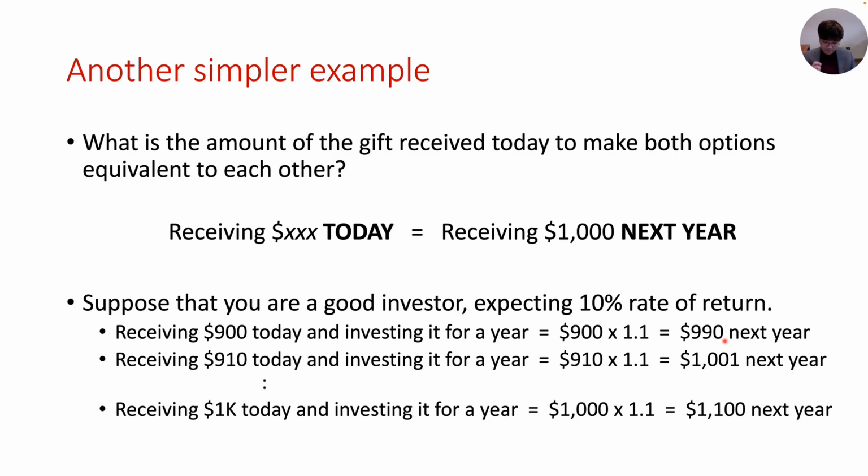But if you receive $910 today and invest it for a year, you will have, in the same manner, $1,001 next year. It flips over your choice. You'd better take $910 right away instead of taking $1,000 next year.